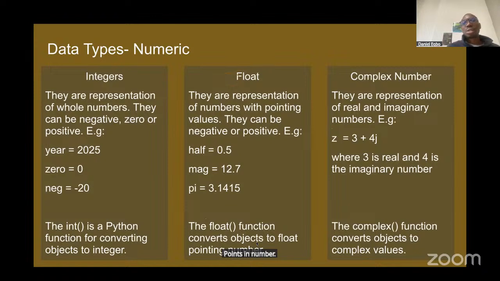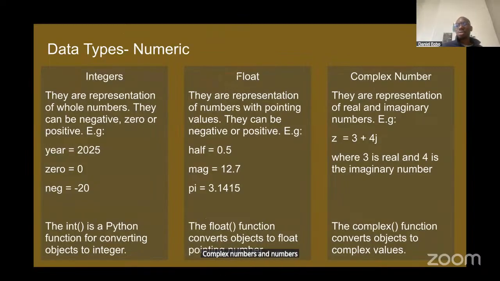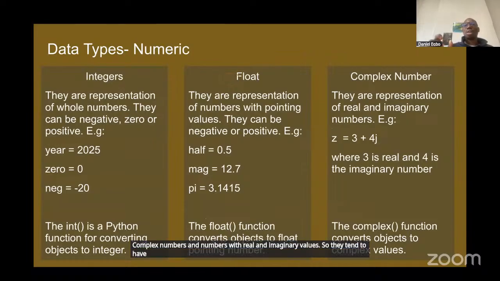We have the complex number. Many of you have done calculus or advanced mathematics, and you will have heard the term complex number. What is a complex number? Complex numbers are numbers with real and imaginary values. The imaginary value is based on the square root of minus 1.